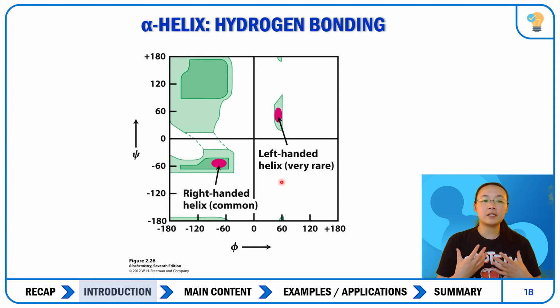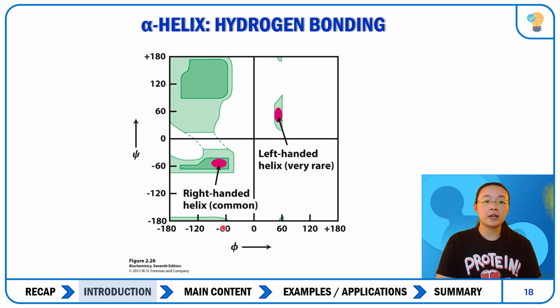And basically we now can put some examples to the test. This plot tells us what kind of bond angles are the most common. So if the bond angles are phi equals 60 and psi equals 60, it seems like a left-handed helix can occur, but the light color of this area tells us that it's not very common.